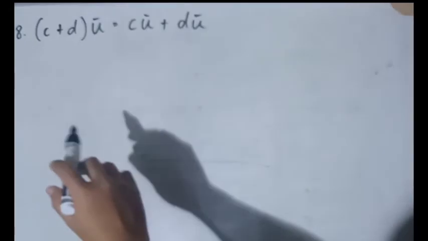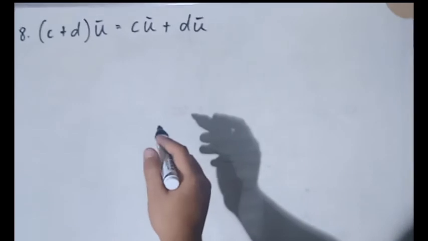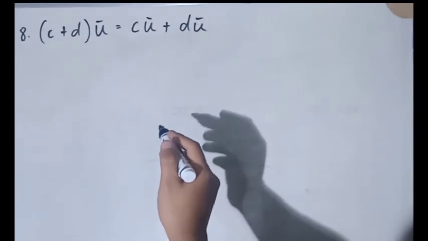In the next property, we're going to prove that (c plus d) multiplied by U is also the same as cU plus dU.